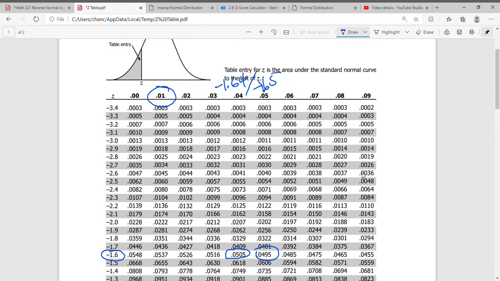So what's between these two numbers? Well, we'll take the average. Negative 1.64 plus negative 1.65 divided by 2, I would get negative 1.645. So that's the Z-score that we're going to use, because that's the average between the two numbers that are the closest to area of 0.05.